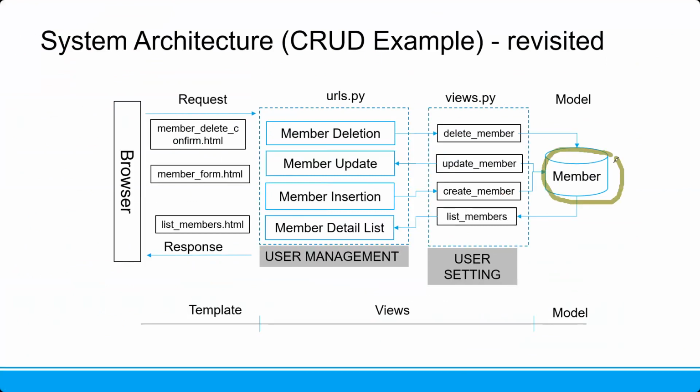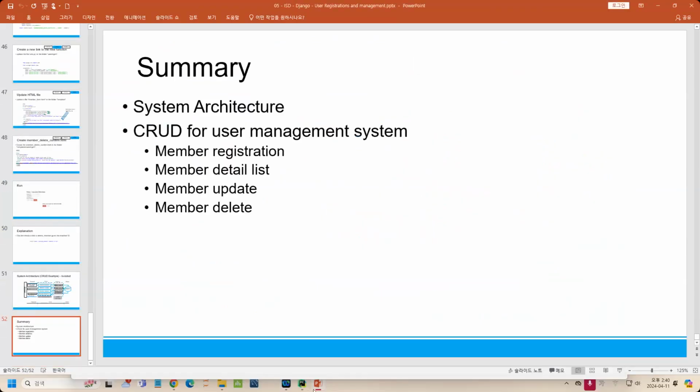So if you have 5 classes, then you need to mention all those 5 classes. And then what are the functions that you create in the views.py? In this case, we have 1, 2, 3, 4: list members, create member, update member, and delete member.